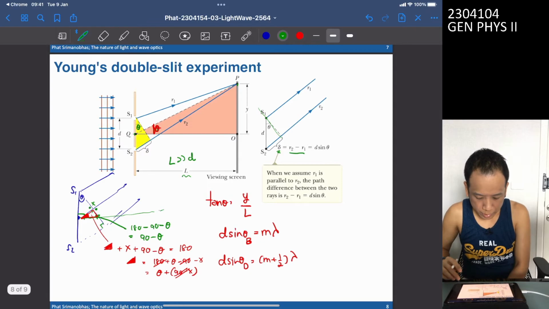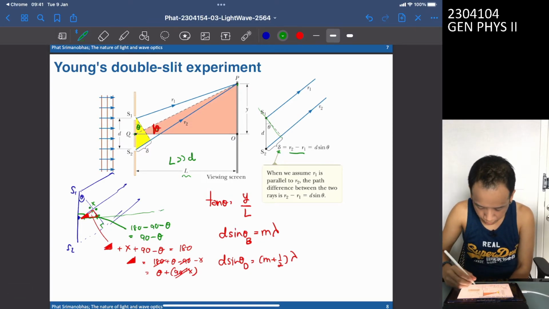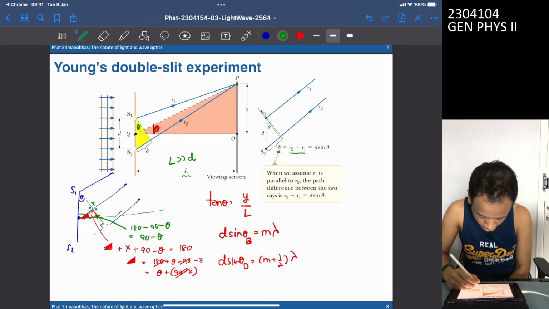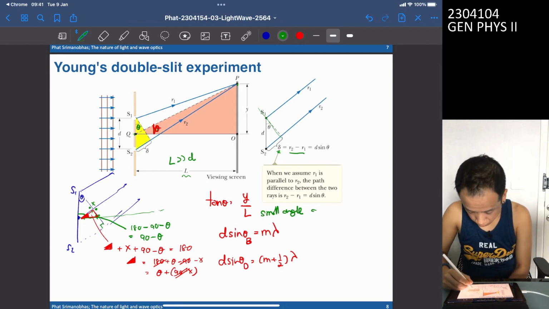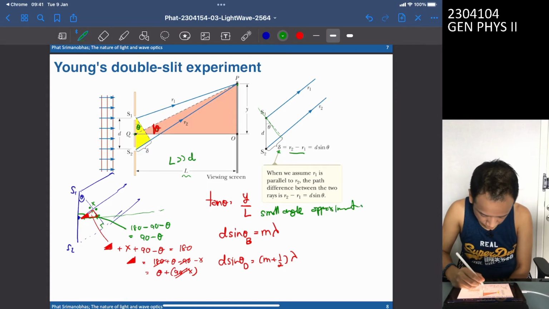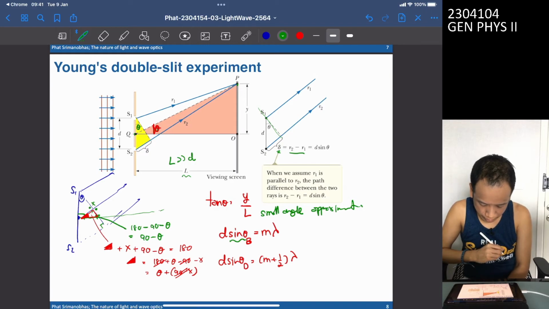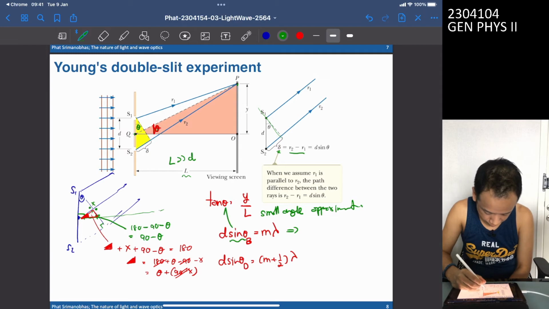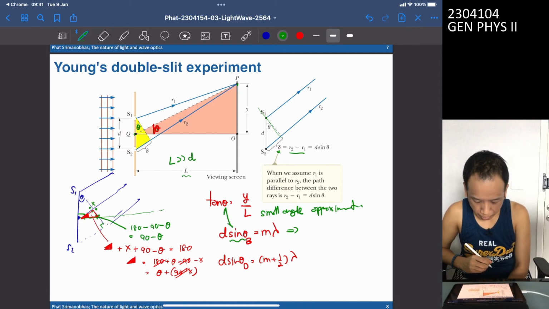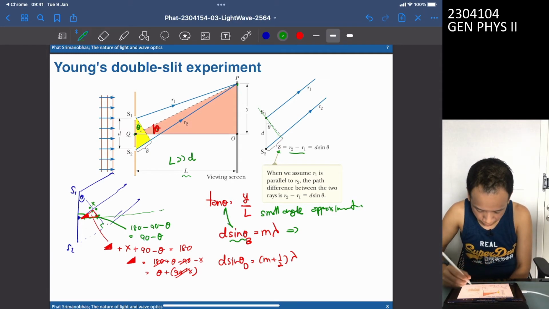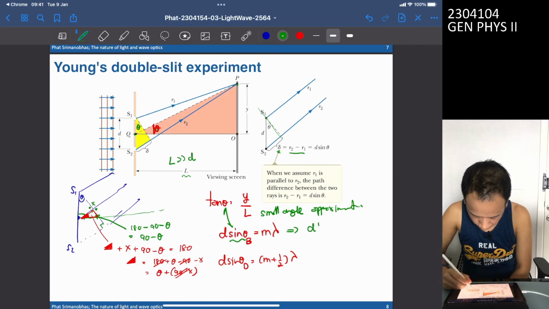When the screen is very far, you do the small angle approximation. Sine theta becomes tan theta, so d y over L equals m lambda.